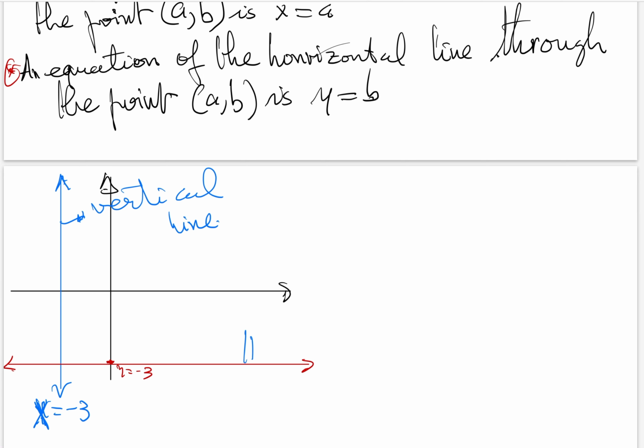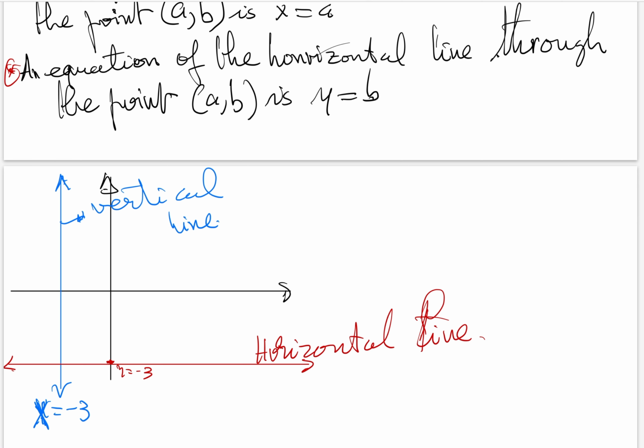So this one is called the horizontal line, with y is equal to -3. That's it. You just have to know the definition and you should be good to go.